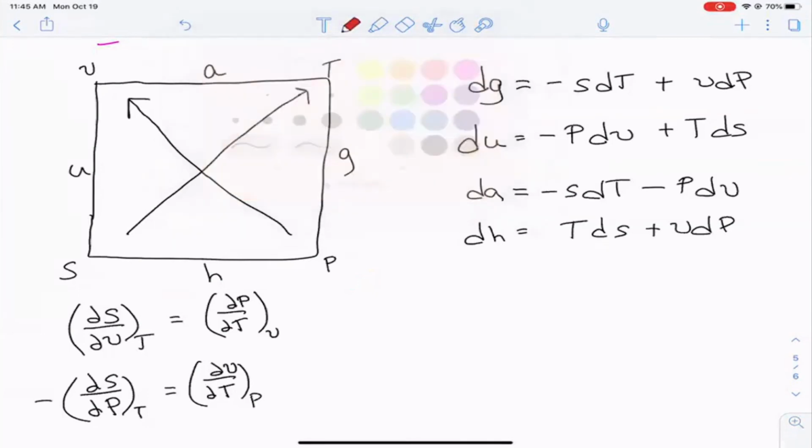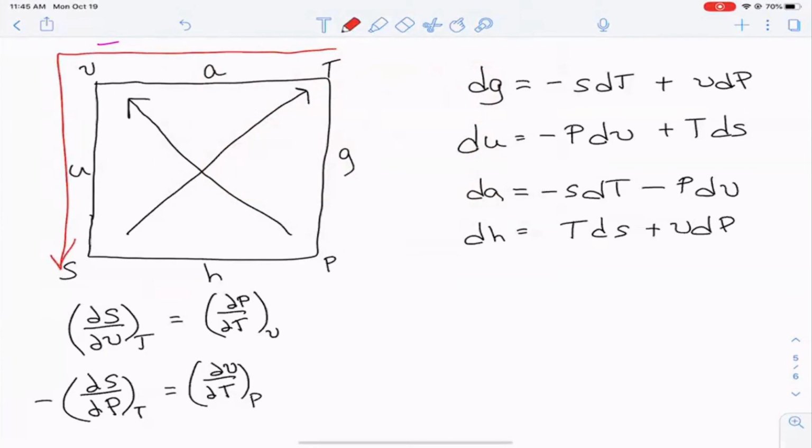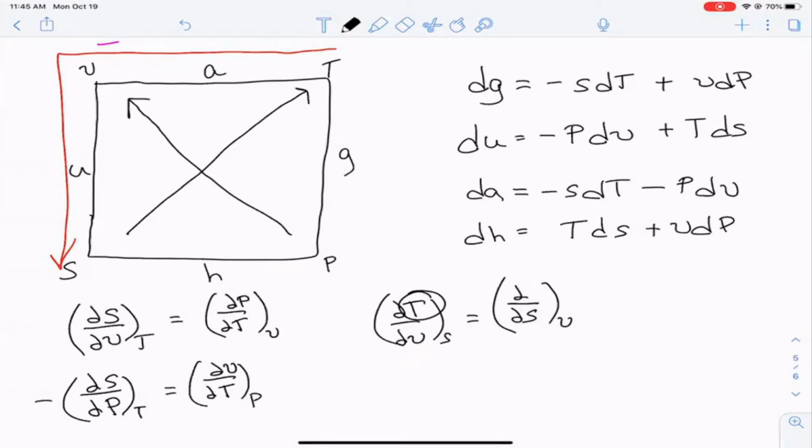So the next Maxwell relation that I will do is, let's start up here and go down to there. And if we do that, we get dT dV at constant S equals some d over dS at constant V of the missing corner, because we have three of the four corners here.